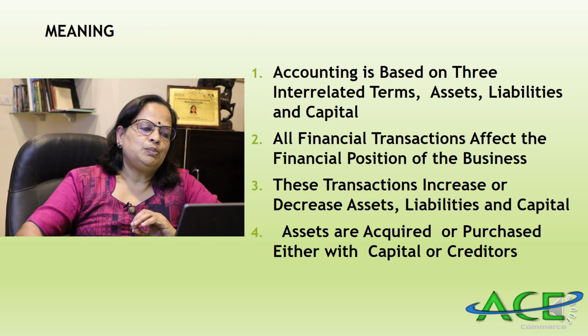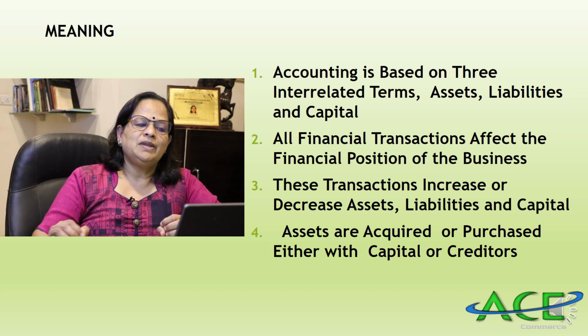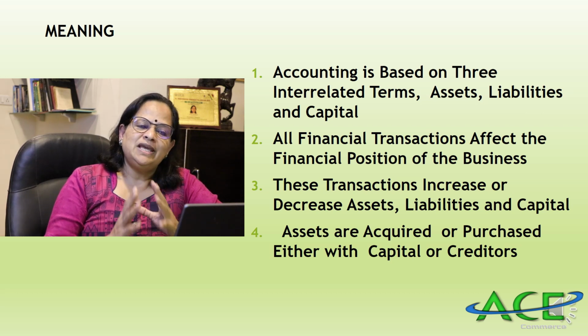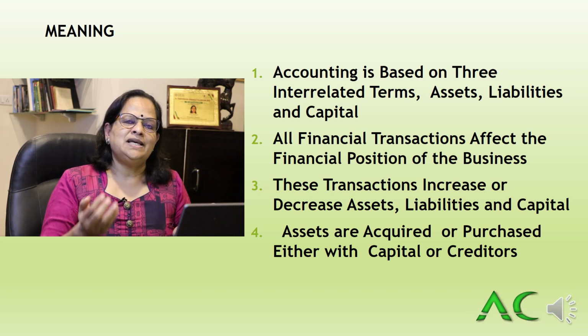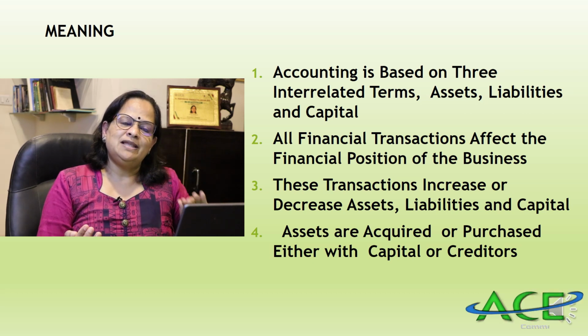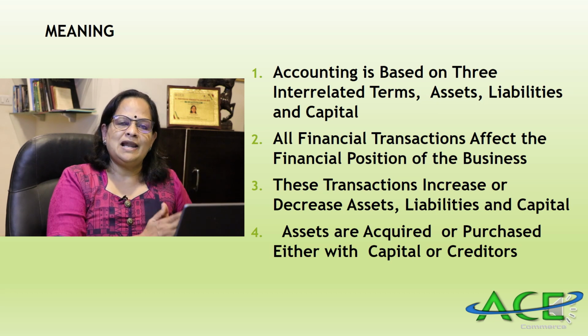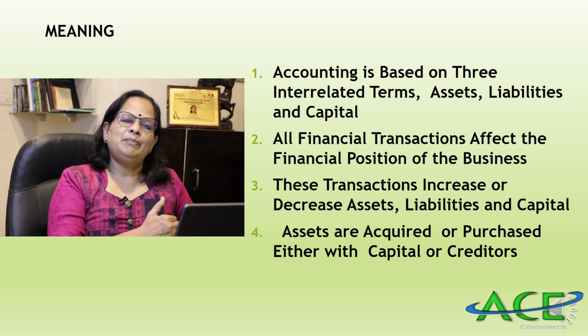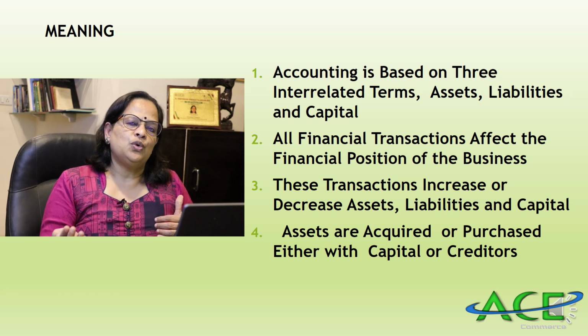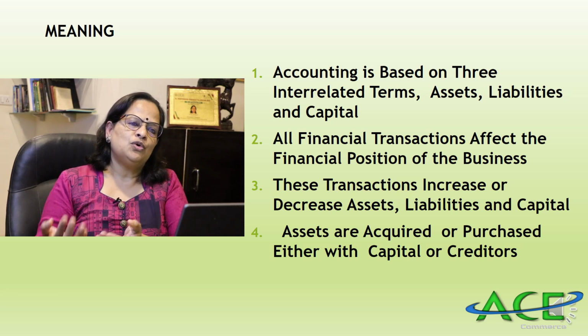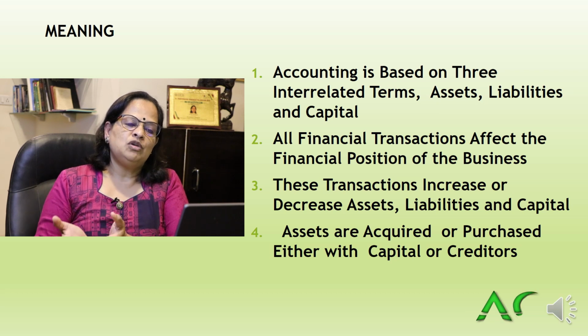So the first thing I want to explain: accounting is based on 3 related terms. You know that in the balance sheet, the liability side is there and the asset side is there. If you see the liability side, capital and liabilities will be there. These are the payments to the outsiders. Whereas on the asset side, what you own for the business will be the assets.